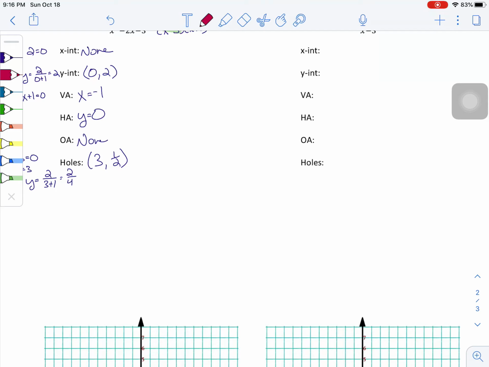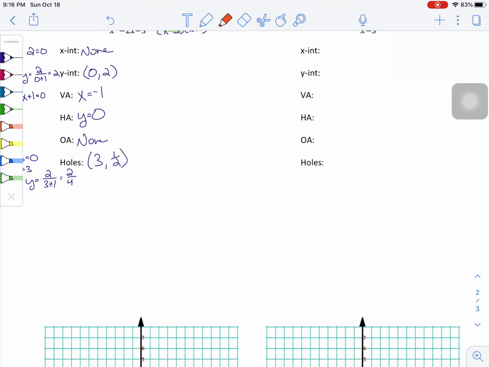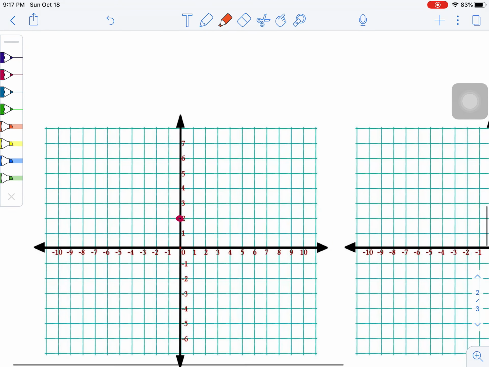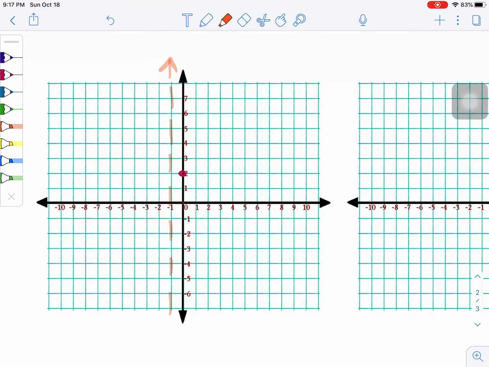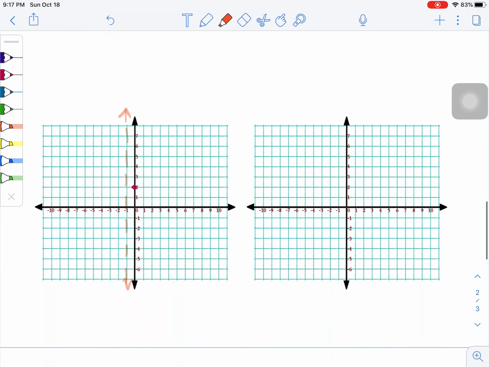So I'm going to put the vertical asymptotes in, or the asymptotes plural, in with some dotted lines here in highlighter, but I think I want to shrink it down a little bit so it's easier to fit on the graph. So x is equal to -1. So there's one of my vertical asymptote, well, my only vertical asymptote. And then I had y was equal to 0 for the horizontal.